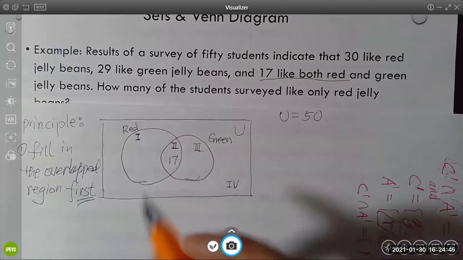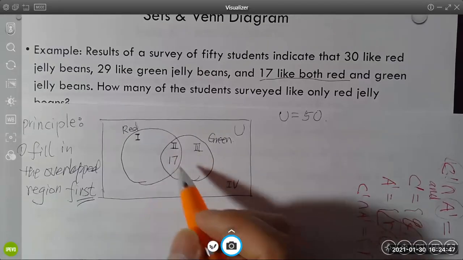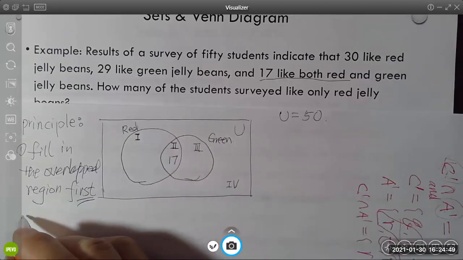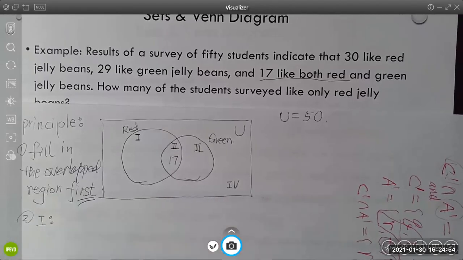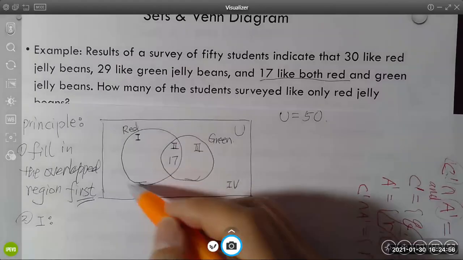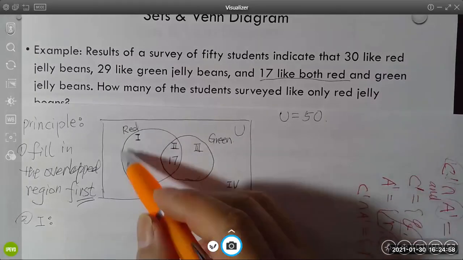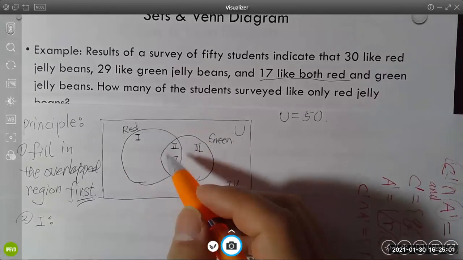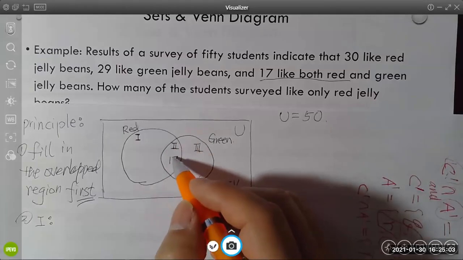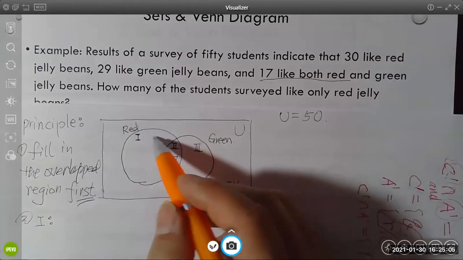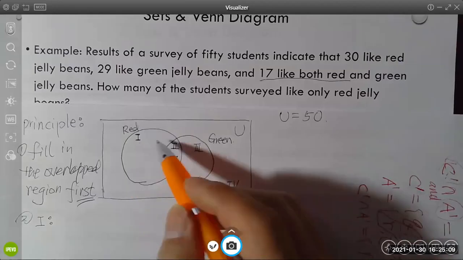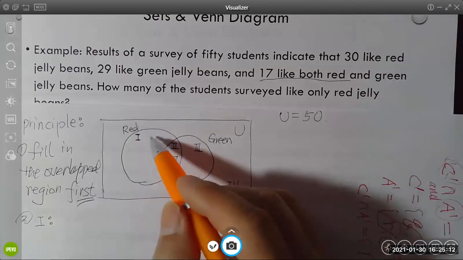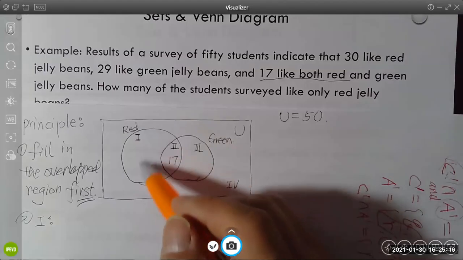After that, we look at the non-overlapped region. So now let's look at region 1. What number should be in this region 1? Now region 1 is part of the red circle, right? Part of the red circle has 17 students, the students who like both, right? But we still have some people who only like red ones. How do I do that?